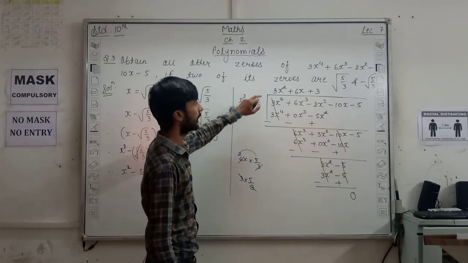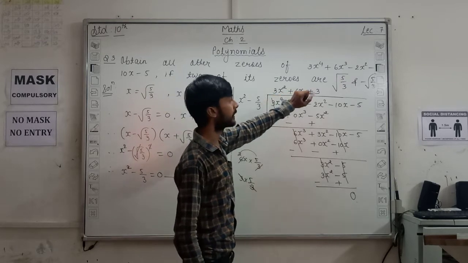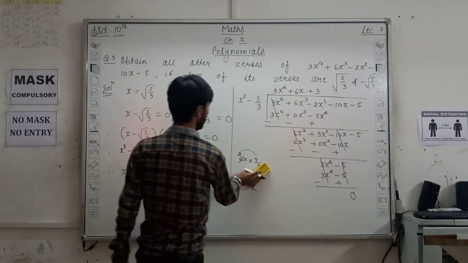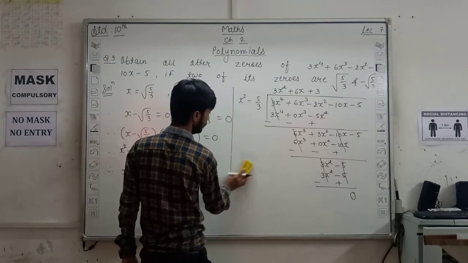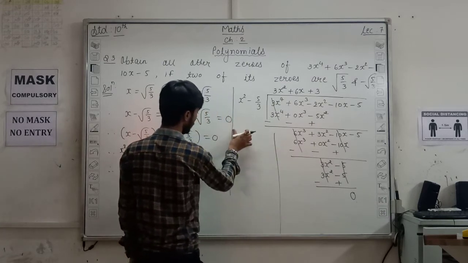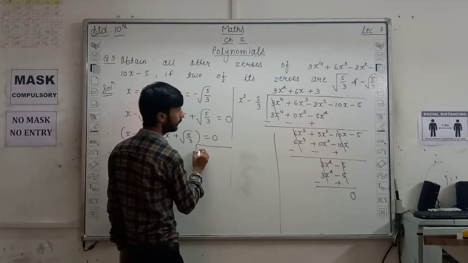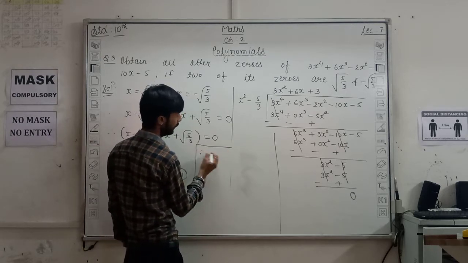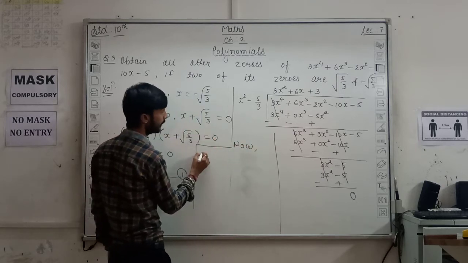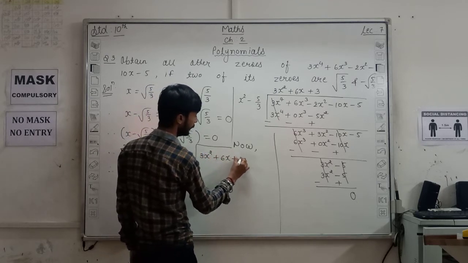That means our second factor, the quadratic polynomial, as I said, is 3x square plus 6x plus 3. Okay, so here, see, therefore, now 3x square plus 6x plus 3.